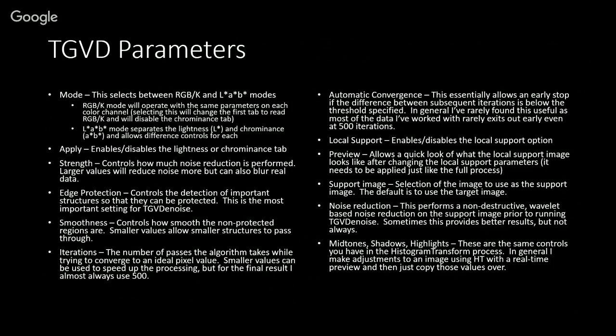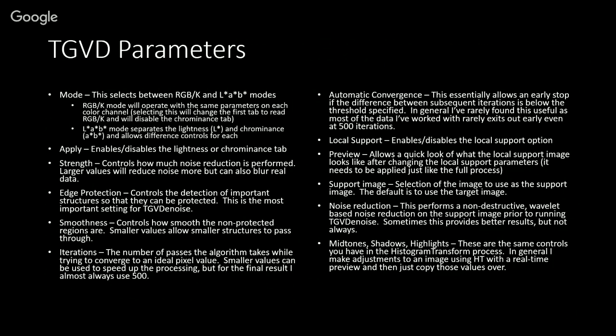You can enable, disable the lightness and chrominance tabs. Again, the strength slider controls how much noise reduction is performed. Like I said, depending on which approach you take, you may not touch that at all, or you may be using that as a major component of your noise reduction. The edge protection is probably the most important setting, right?